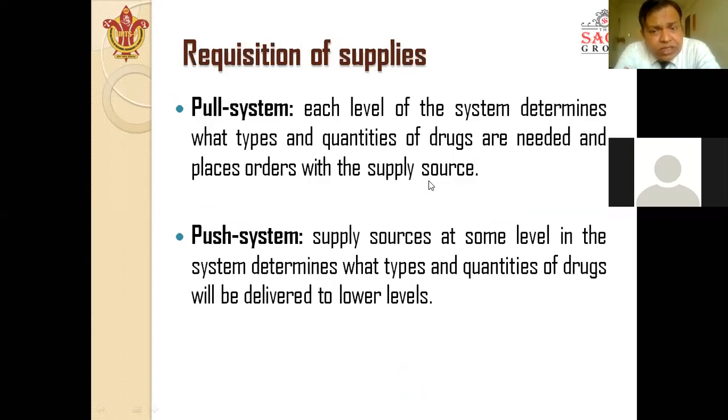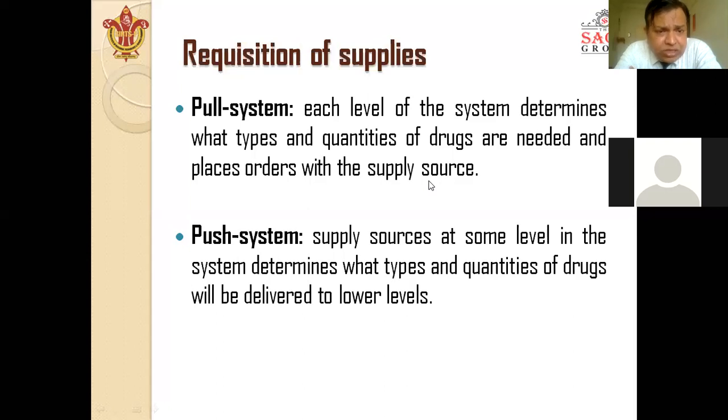Now push system, the supply source at some level in the system determines what type and quantity of drugs will be delivered to the lower level. In both types of system, the difference is there. In pull system, we are giving the requisition to the central store for the requirement of medicine.